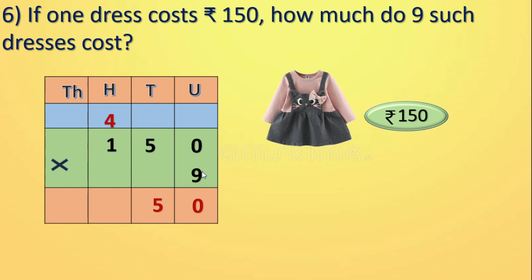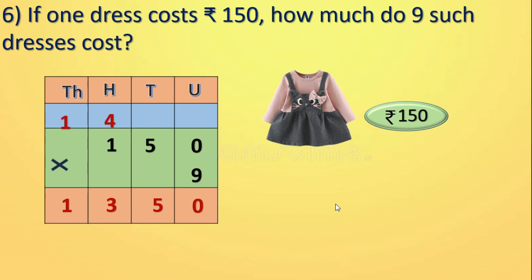Correct? Now 9 1s are 9 plus 4 how much? 13. Correct? 1 3 13. 1 is carried over to thousands column. So nothing is there. Let us take this one down.